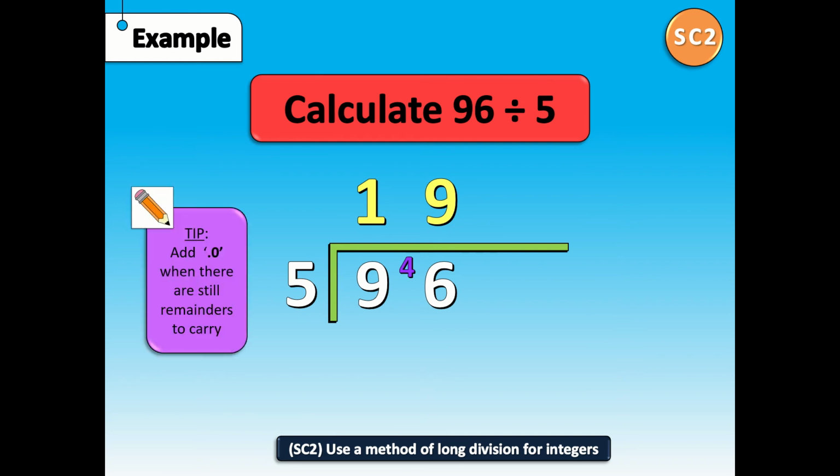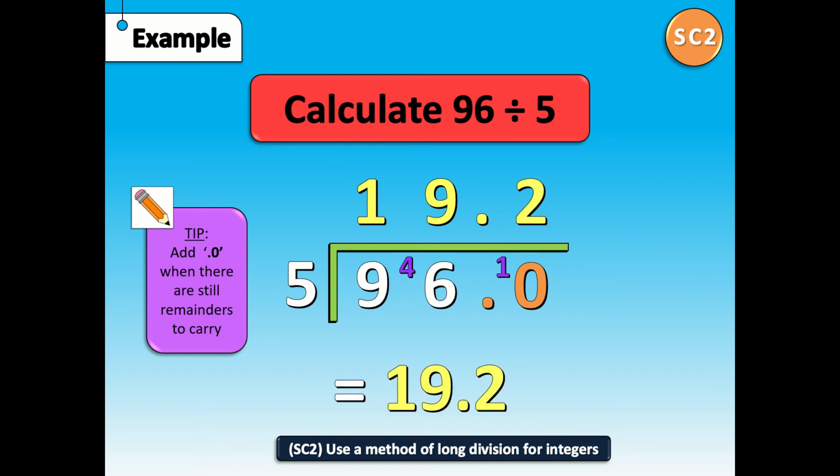So when we've got a remainder, we put a decimal point and then a 0, and we put a decimal point above the decimal point on the bottom. Now we've got a remainder of 1, so we carry that 1 onto the 0. 5 goes into 10 twice. So our answer is 19.2.